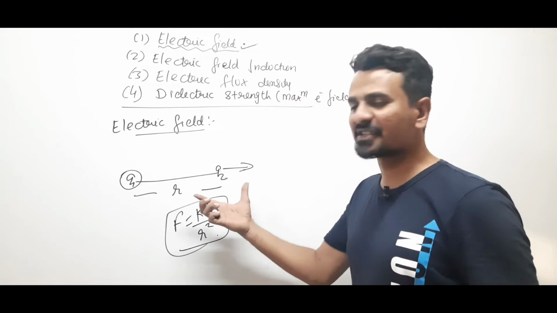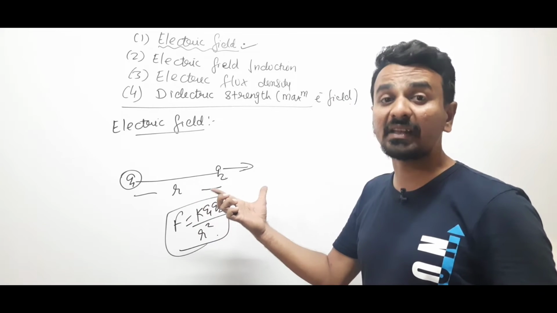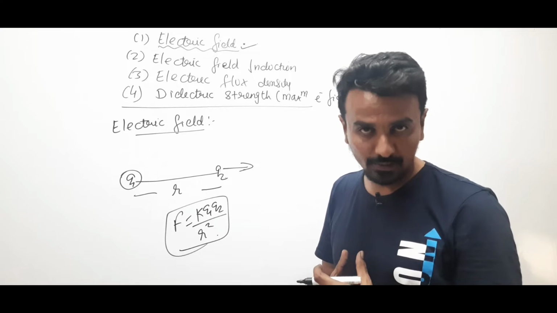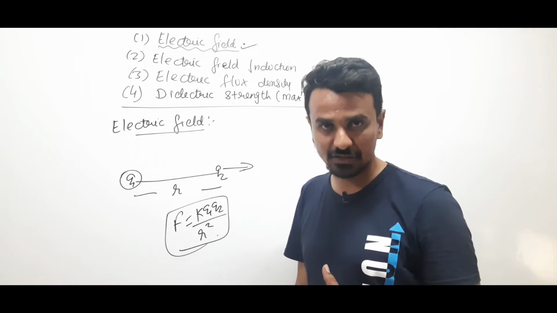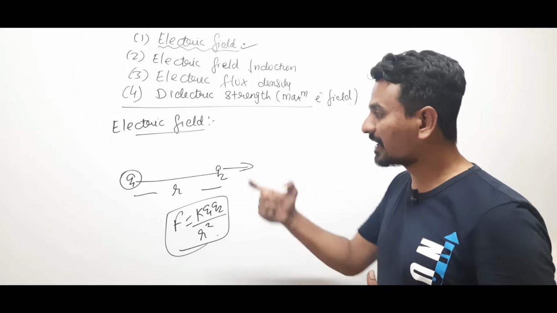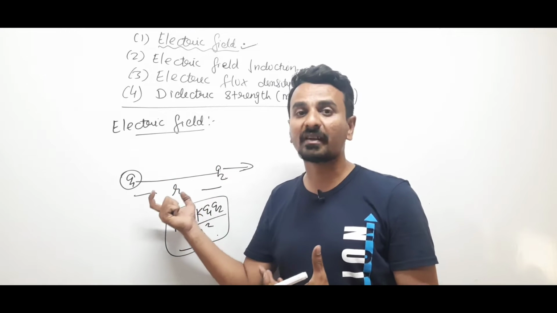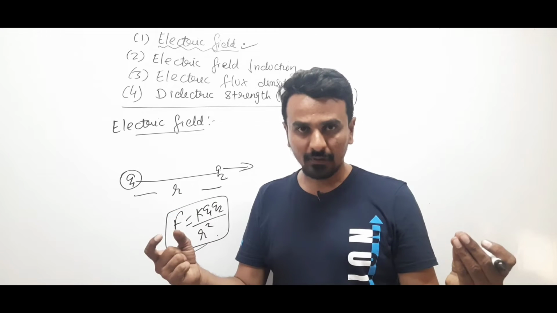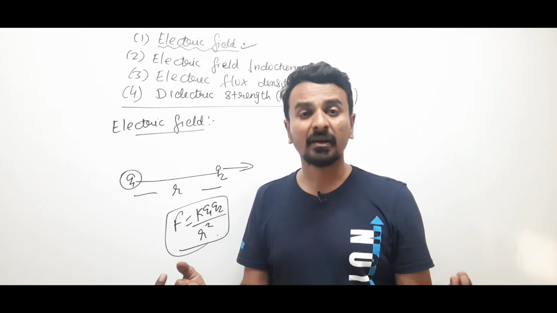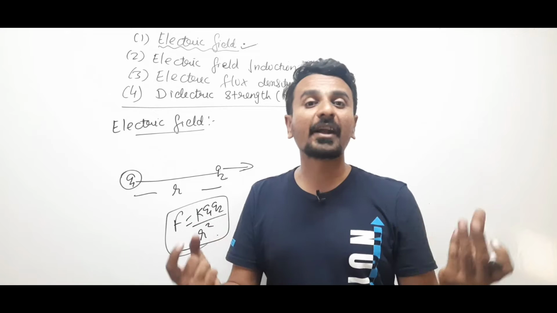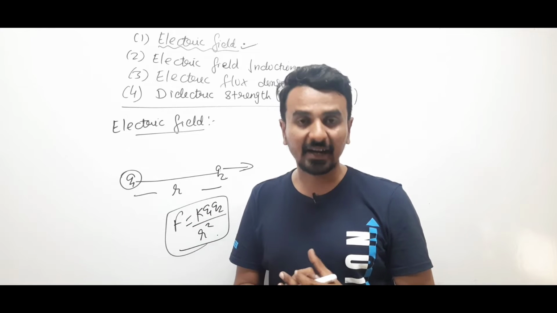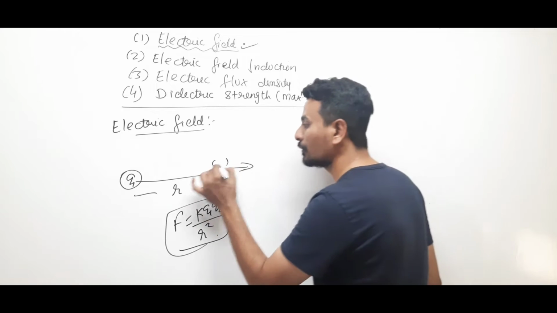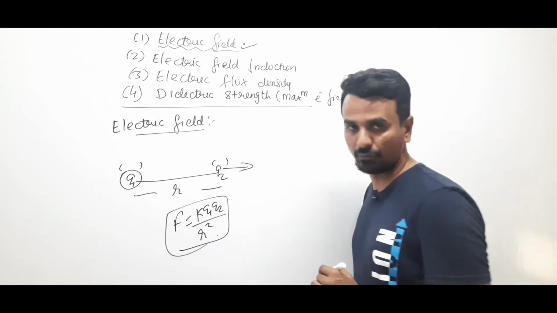So the repulsive force acting between two charges is because of some kind of field created by the charge, because there is no physical contact between the two charges. If there is no physical contact, then contact force will not be present. It is the field force, and because of this field force, Q2 and Q1 will experience a force.